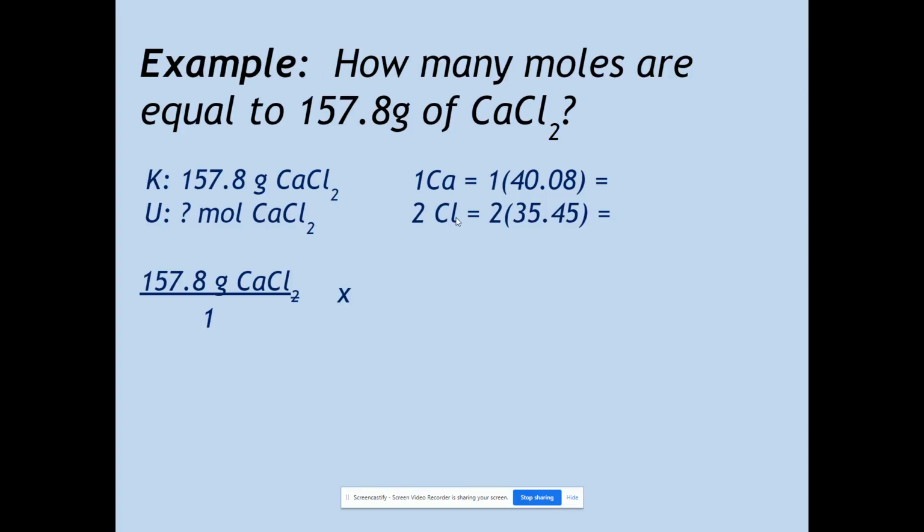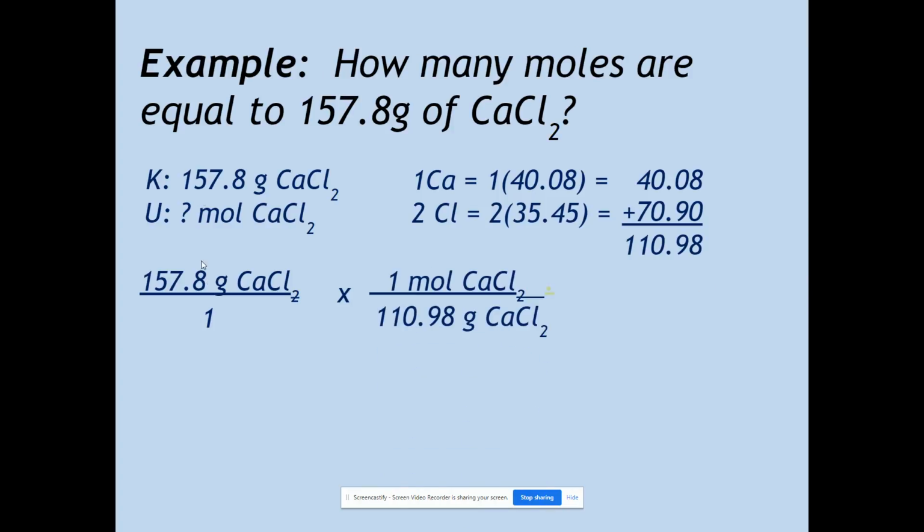We've got 2 chlorine atoms, 2 times 35.45. We know we've got 110.98 grams, because we know that this is the molar mass, right? Doing a quick conversion in our head, assuming that because we're in moles, we've already used Avogadro's number to go from AMUs to grams.